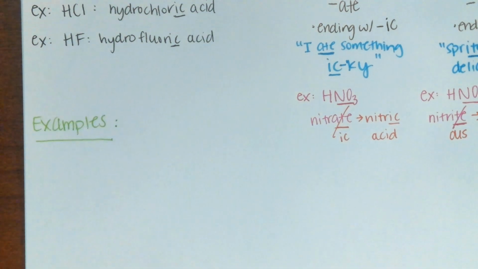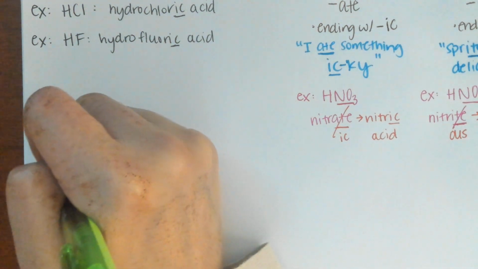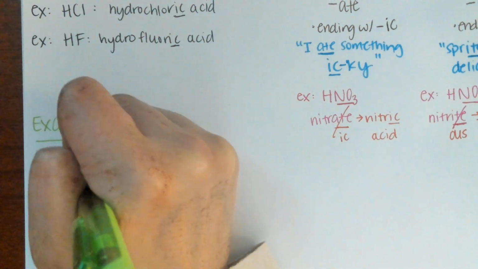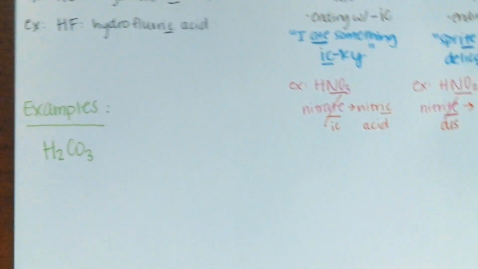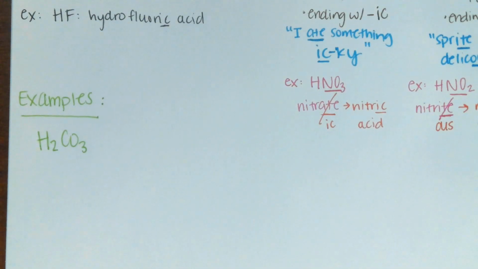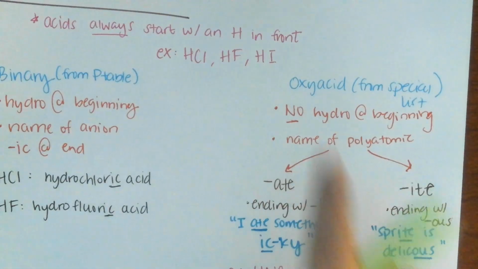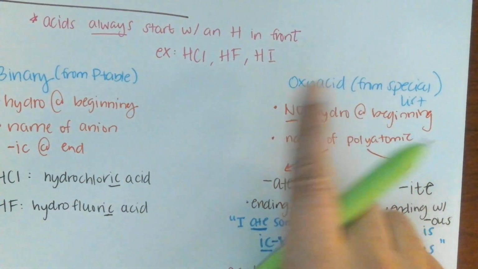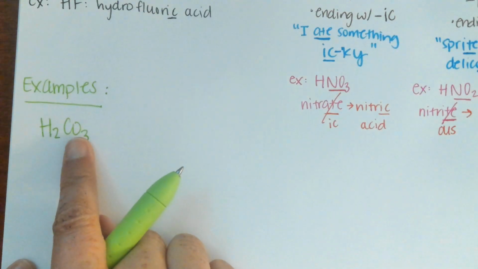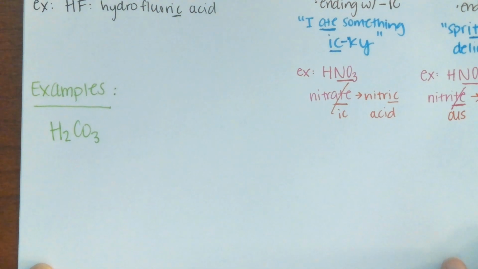Alright, let's say I give you H2CO3. And by the way, how do I know it's from the polyatomic? Easy. Oxyacid. What does oxyacid mean? Oxygen. So if it has an oxygen in it somewhere, it's an oxyacid, therefore it's from the special list.